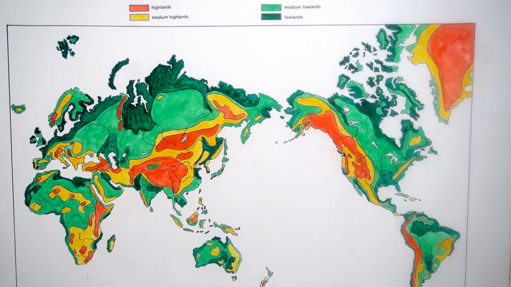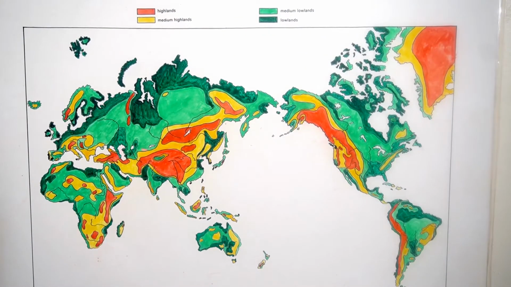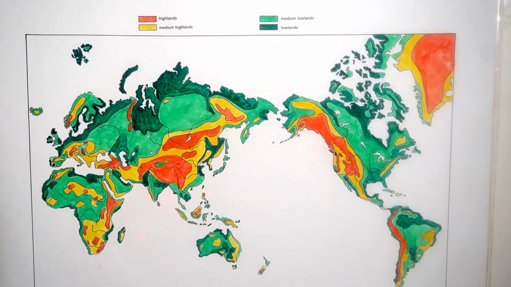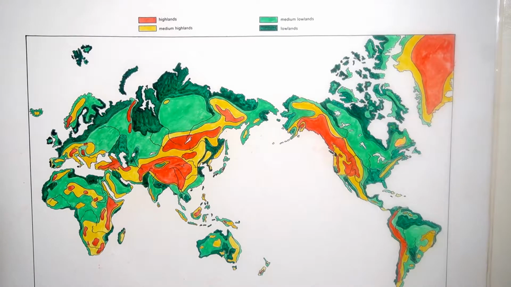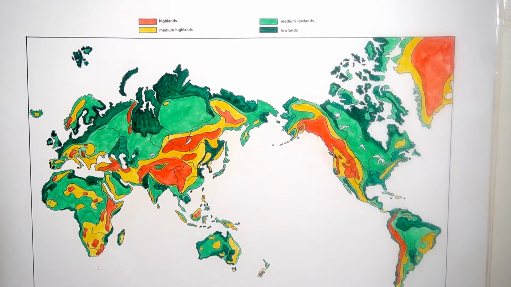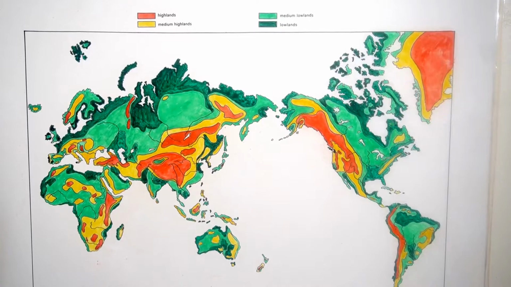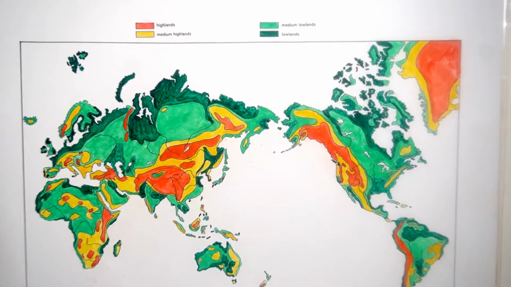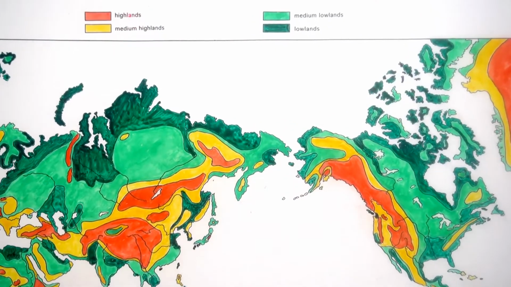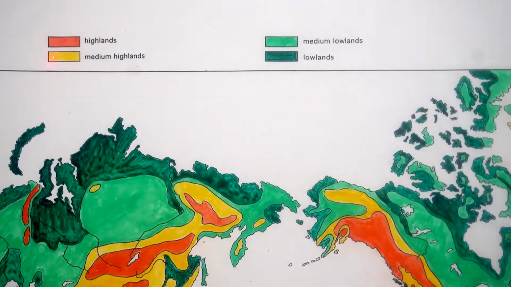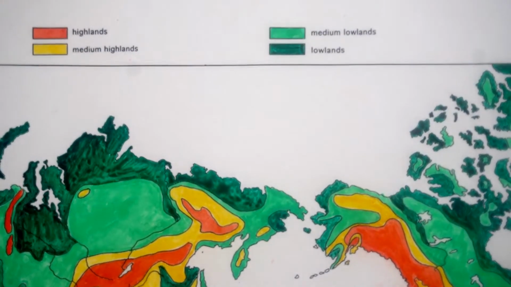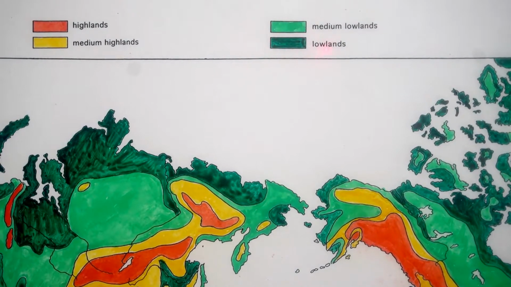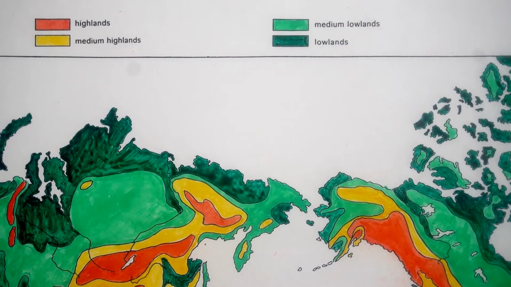Now let's look at this map. It's actually a map of our world showing highlands and lowlands as they relate to rivers. So let's see. You can see here the orange color represents highlands, yellow medium highlands, light green medium lowlands, dark green lowlands.